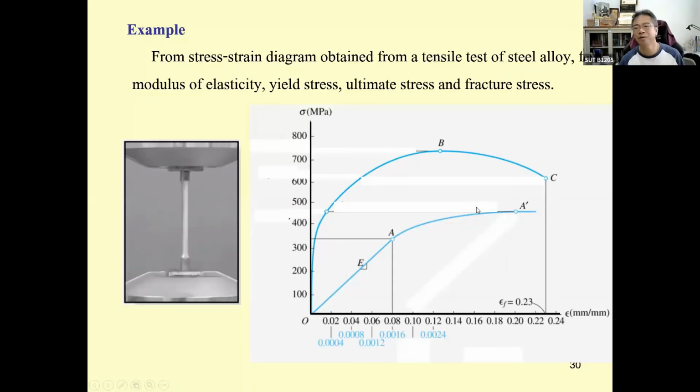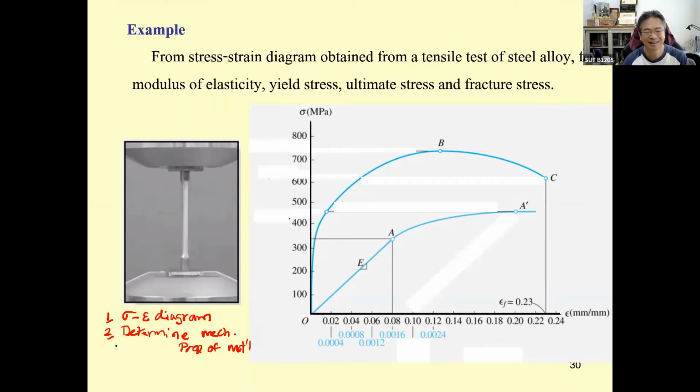Okay guys, come to the example. And I told you before, the learning objectives of this chapter. The first one: understand the stress strain diagram. The second one: you should be able to determine the mechanical properties, for this one, of a steel alloy.